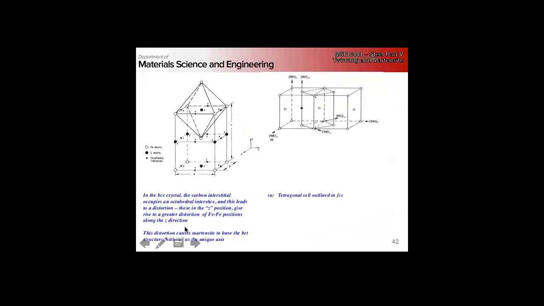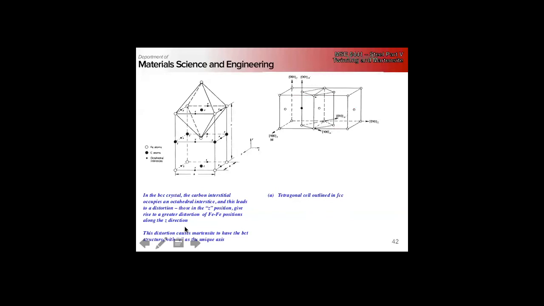So that's a really key big idea. We thought about mechanisms of how we actually go from FCC to BCT, right? And first we talked about the Bain correspondence, where we can envision we stick two FCC unit cells together, we have this nice BCT region. We can imagine then compressing and expanding, right? Why did we say this is not the exact transformation pathway?